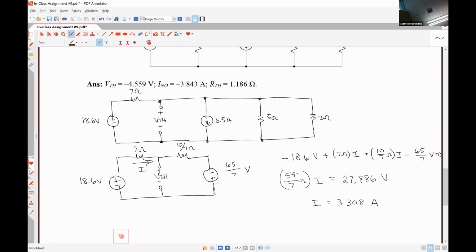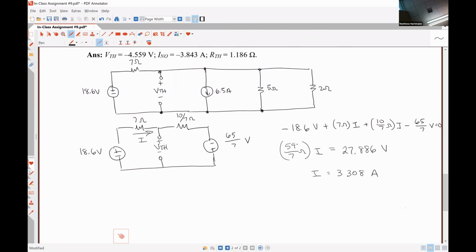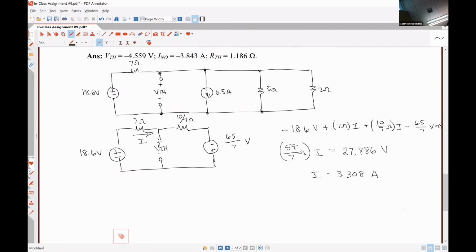I'm going to take your idea and modify it ever so slightly. I'm going to write a Kirchhoff's voltage law loop around this loop. So I would have negative 18.6 volts plus 7 ohms times our current I, which we know to be 3.308 amps, plus our Thevenin voltage is equal to 0.